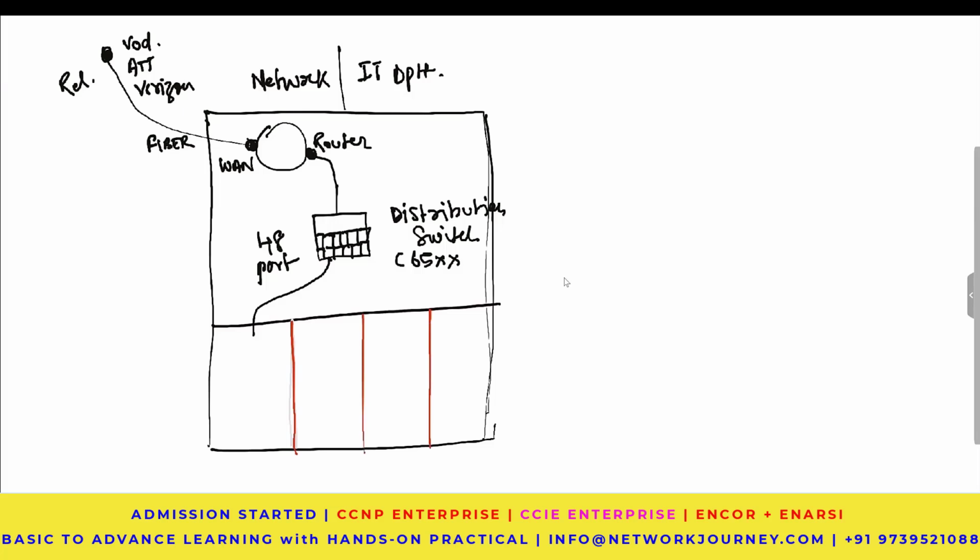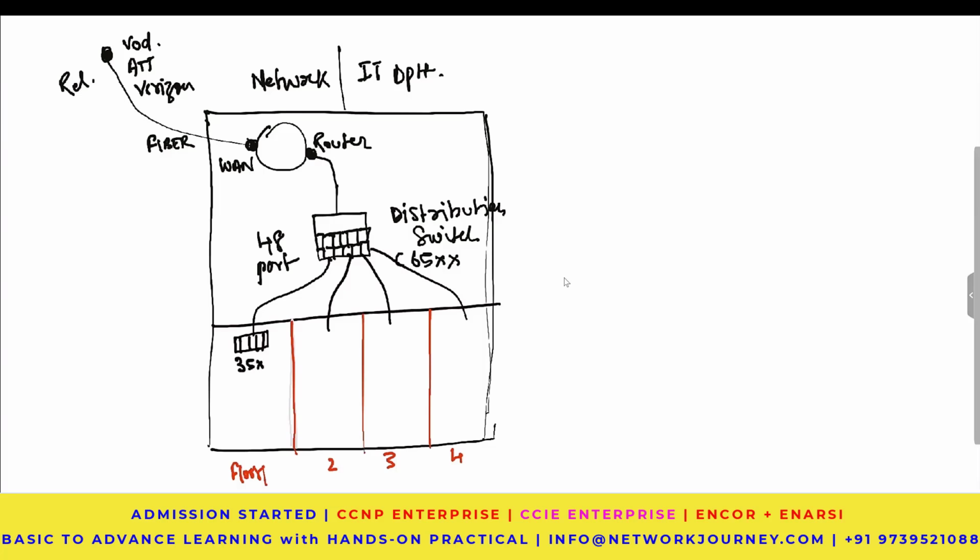And from this access layer, we would be connecting to IP phones. From here only, it will go to each desk where the employees come with the system, or if they have a laptop, then probably that access layer will be connected to the internet router, and from the internet router using the wireless connectivity, the laptops get connected.